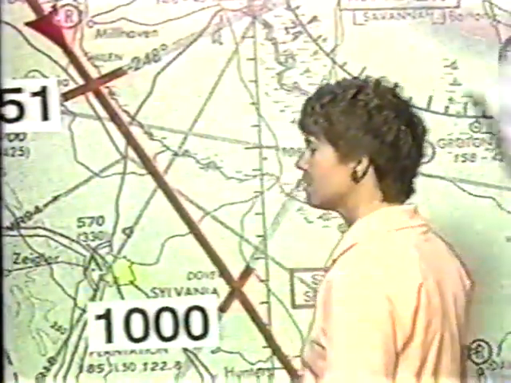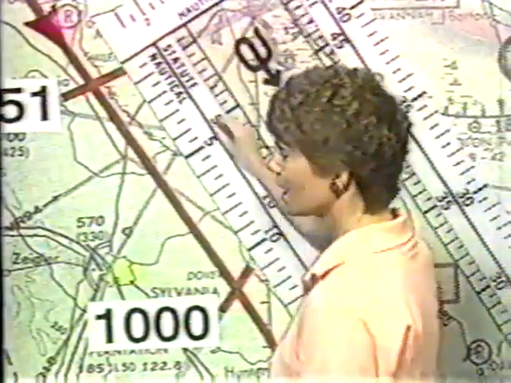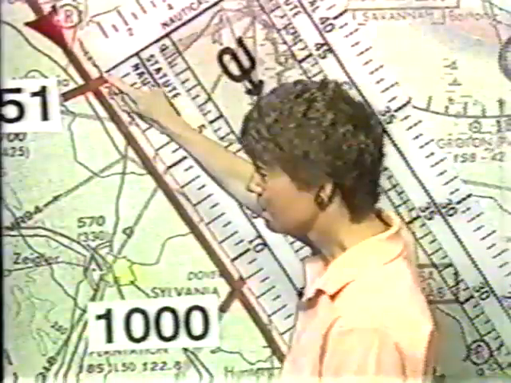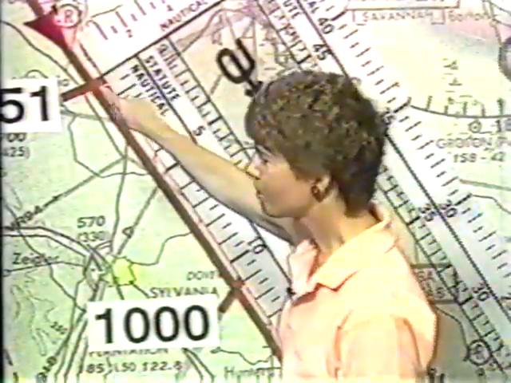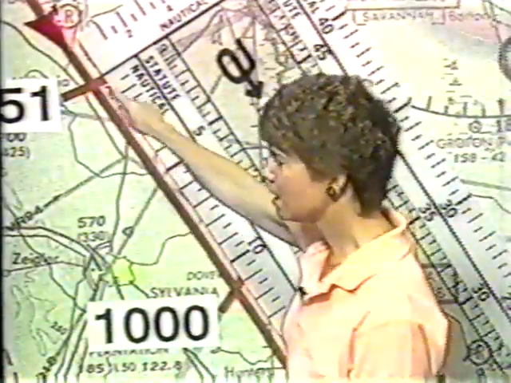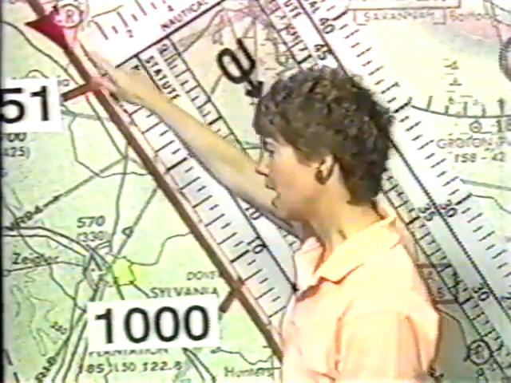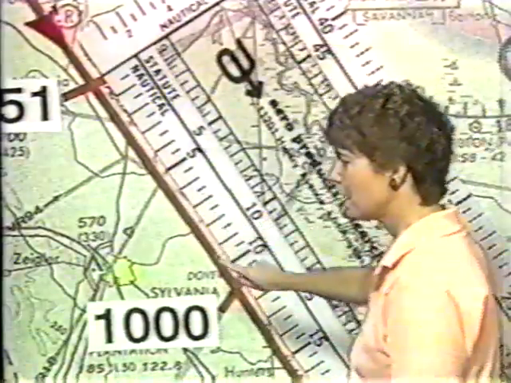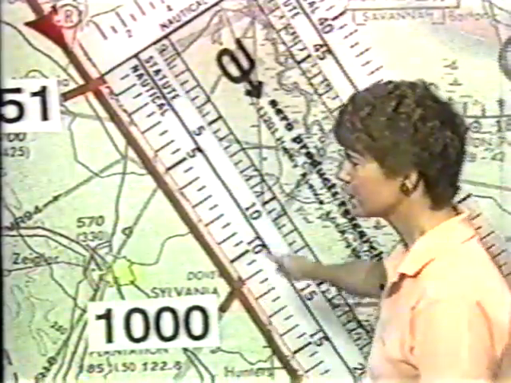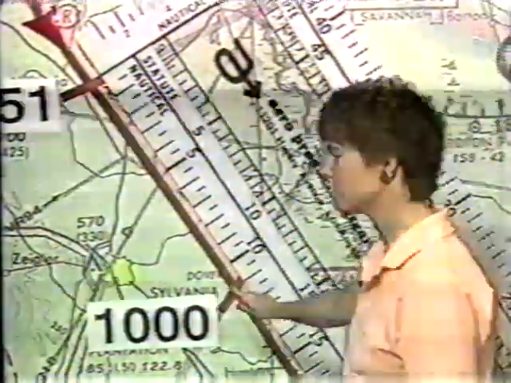So whip out your plotter, lay it down there on that chart. Make sure you use the 0 point and not the physical end of the plotter, and put it over where the 248 radial crosses your course line. And measure from there down to where the 216-degree radial crosses your course line.